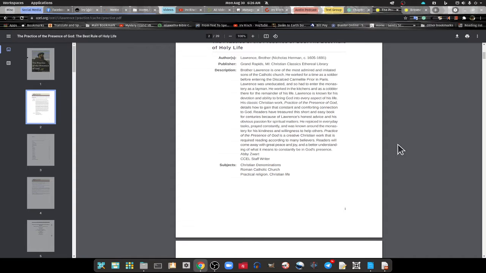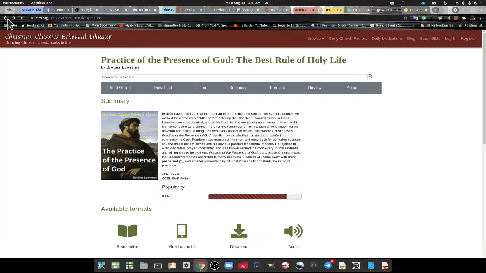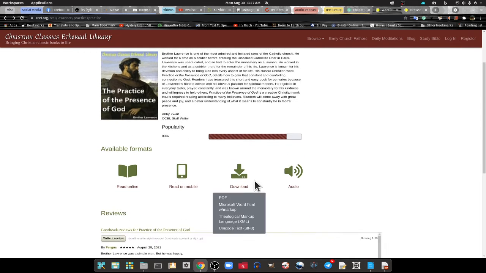What I do is I take the text in the original markup language. I think that was the one I picked. Maybe not. Let me find the one here.